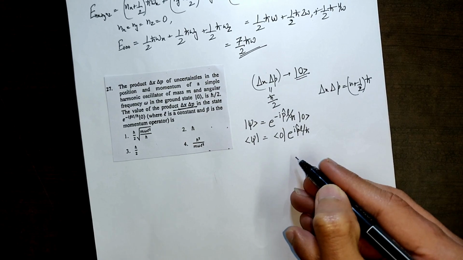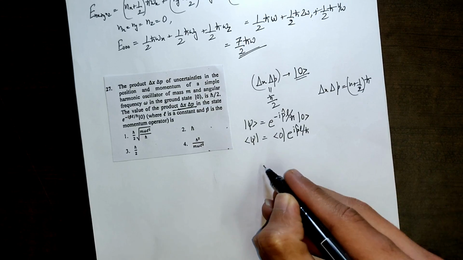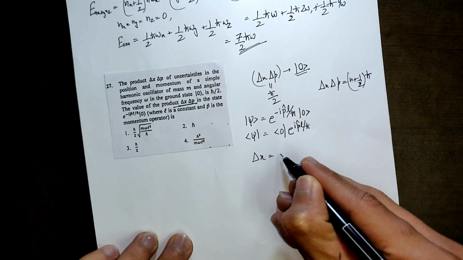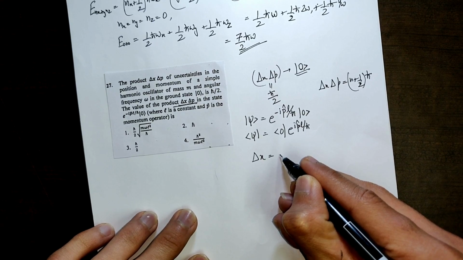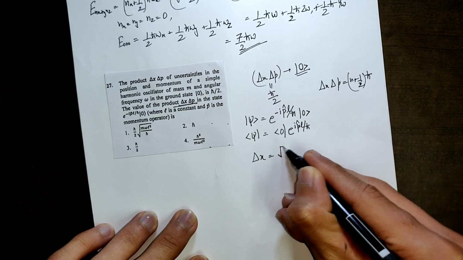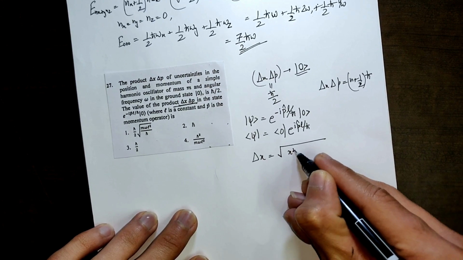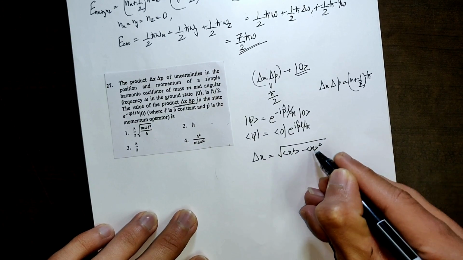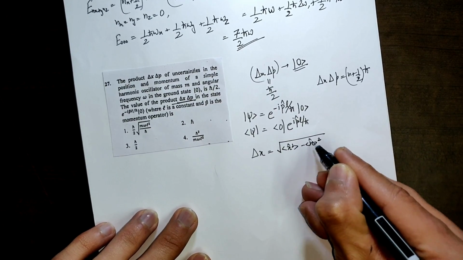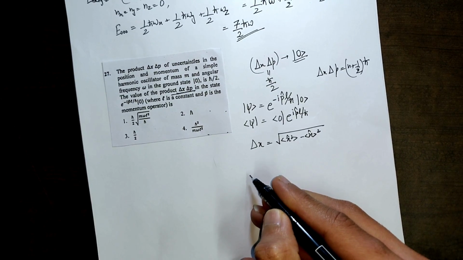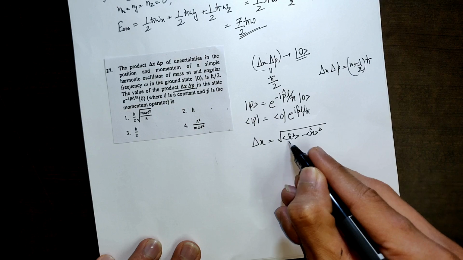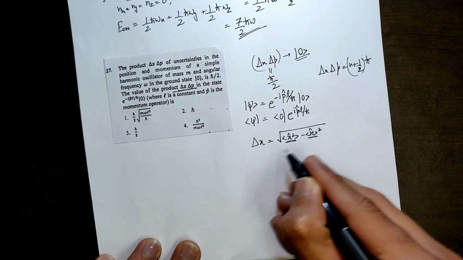So how do we calculate the uncertainty? Uncertainty delta x is under root of the expectation value of x square minus the square of the expectation value of x. These are operators x square and x cap. And how do we calculate this expectation value?